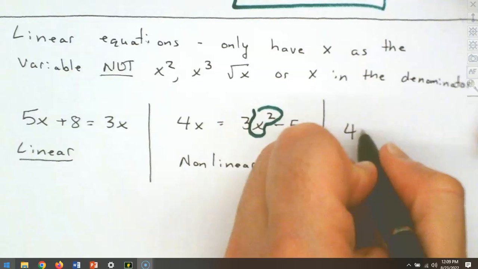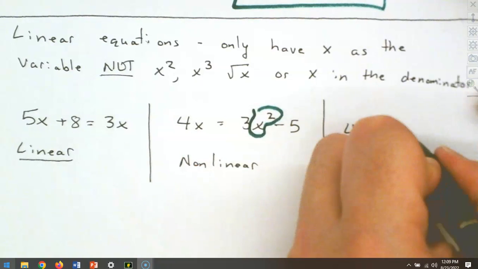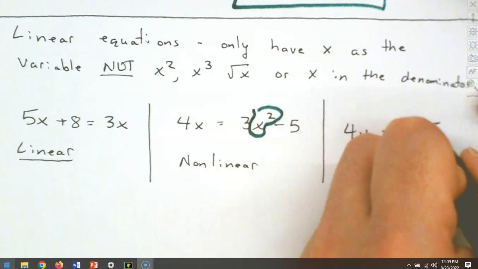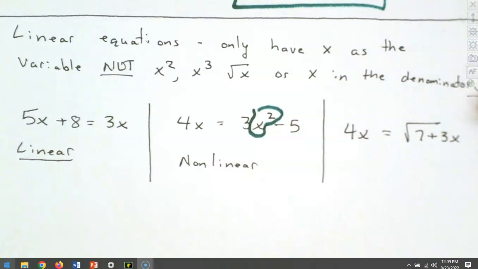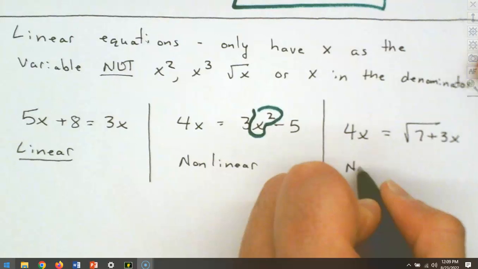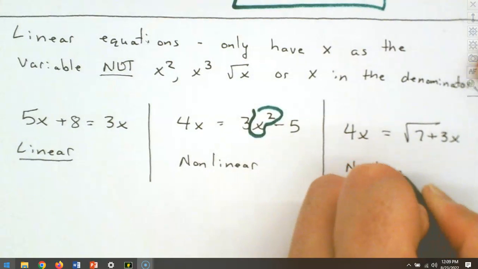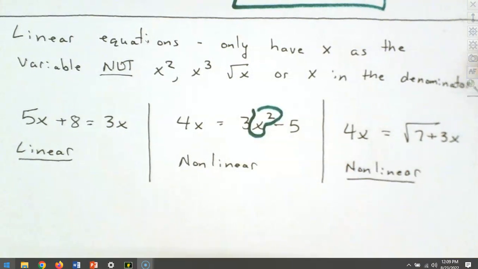How about 4x equals the square root of 7 plus 3x? Linear or nonlinear? Nonlinear, right? Yep, and why is this one nonlinear? Because it's a square root. And x can also be in the denominator of a fraction. That would make it nonlinear.